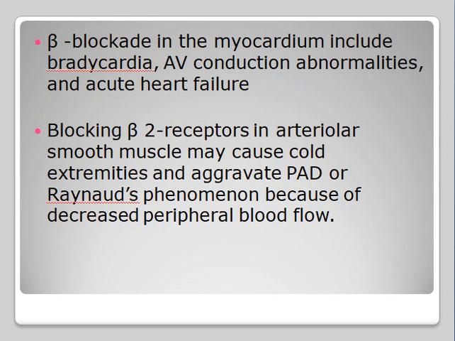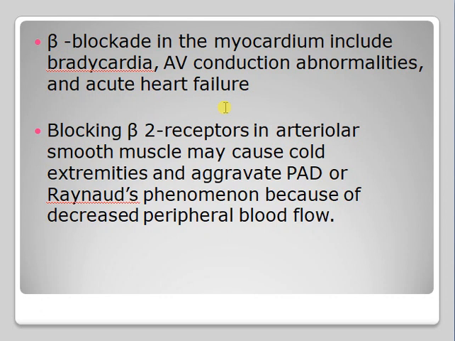Then next, that is beta blockade in the myocardium. It can cause some kind of abnormality. So we have to check all those parameters. If beta blockade is there, then it can lead to further illnesses. So we have to assess and check all those parameters also.